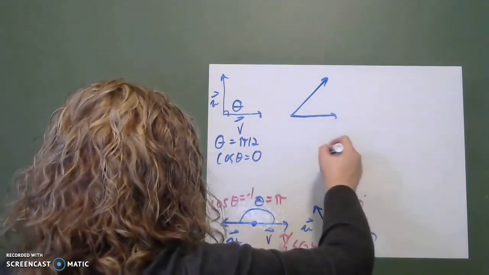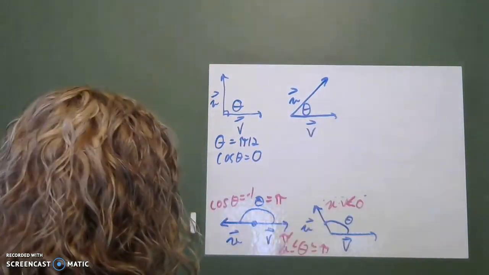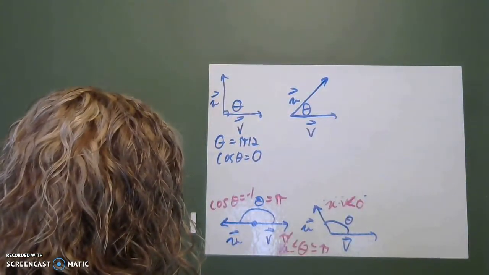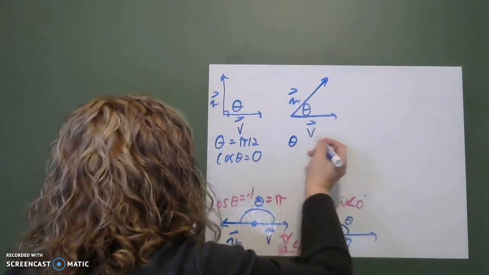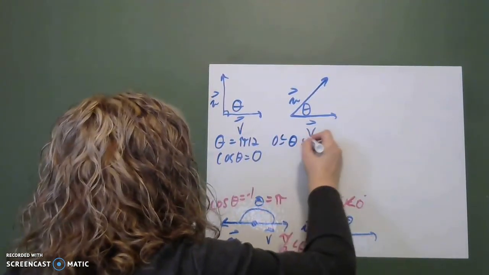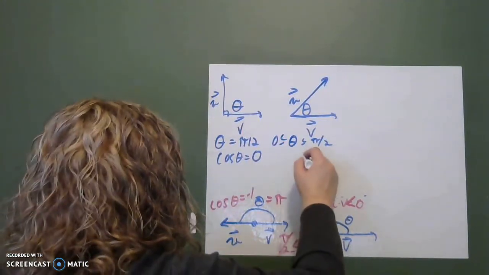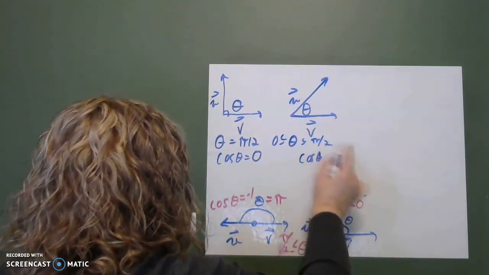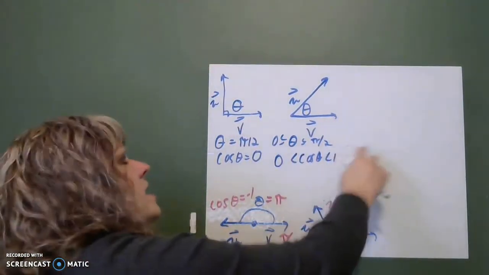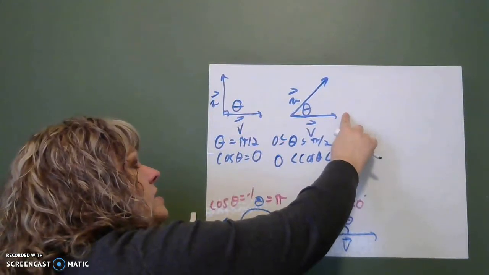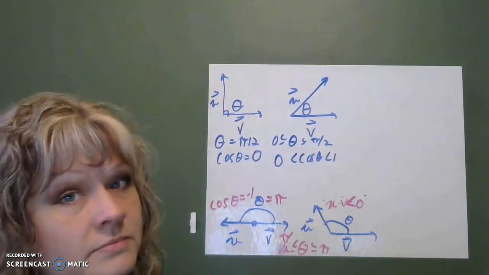In this circumstance, where you've got u here, v here, theta here, you also have an acute angle, which means theta has to be in between 0 and pi over 2, which also means that the cosine of theta is going to be in between 0 and 1. Why? Well, because cosine of theta is 1 right here, and it's 0 up here. So it's got to be somewhere in between.